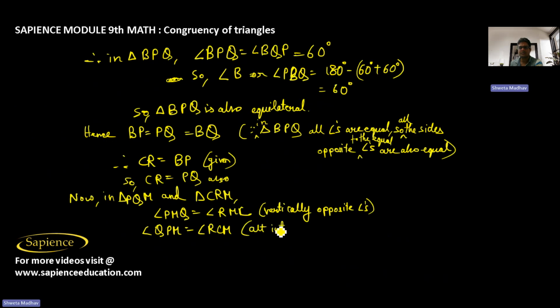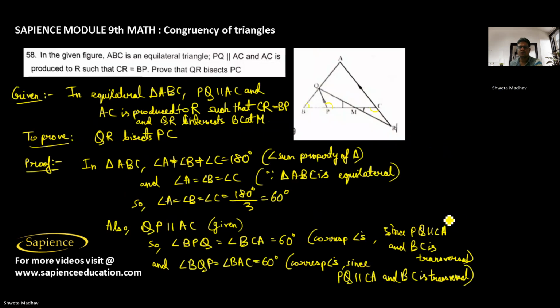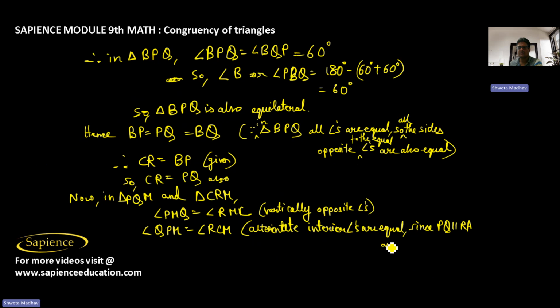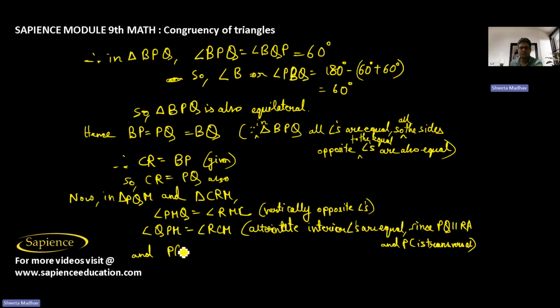Alternate interior angles are equal, since it is given that PQ is parallel to RA, and obviously PC is the transversal. And we have shown that PQ is equal to CR, which is proved above.